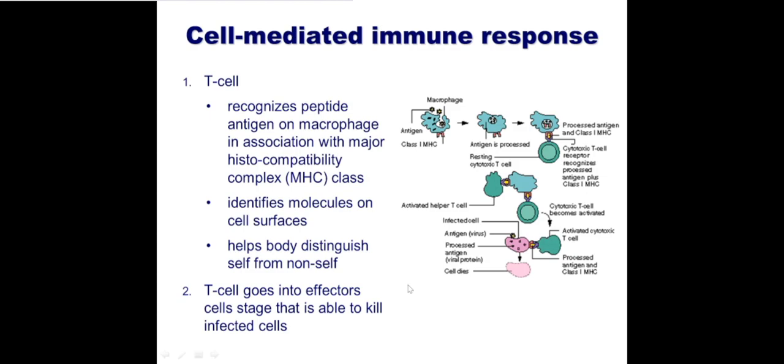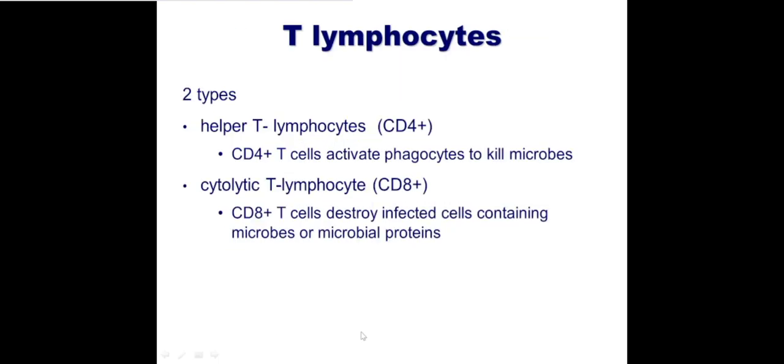T cell goes into the effector cell stage that is able to kill infected cells. Second, there are two types of T cells, T helper cells and T cytotoxic cells.